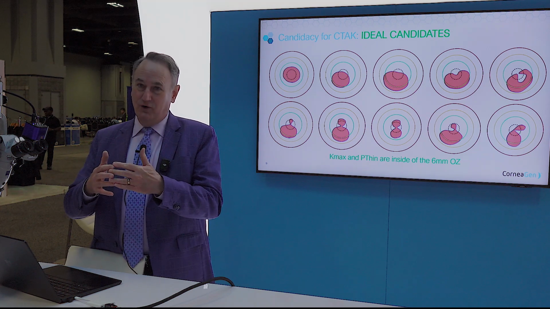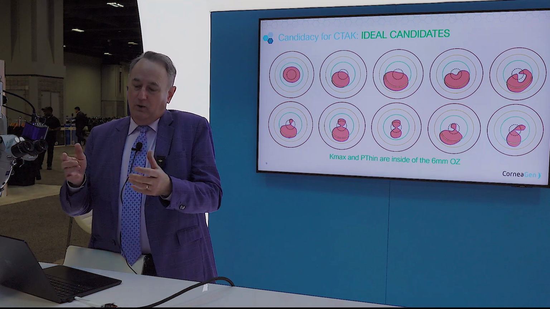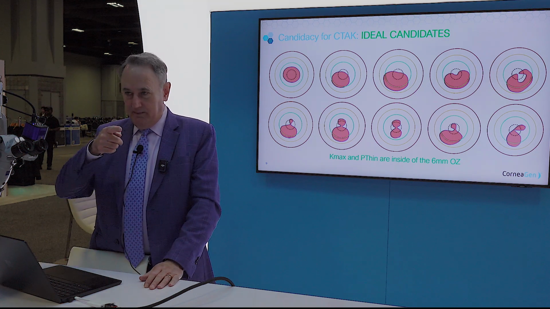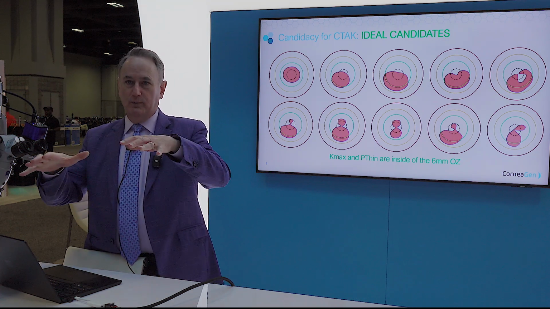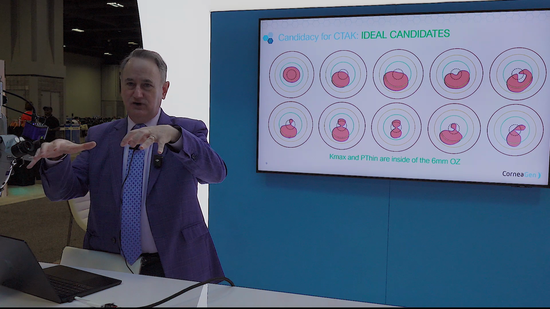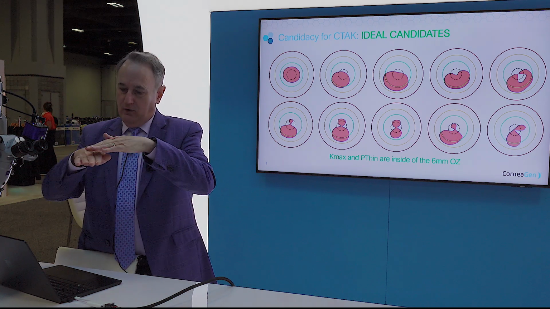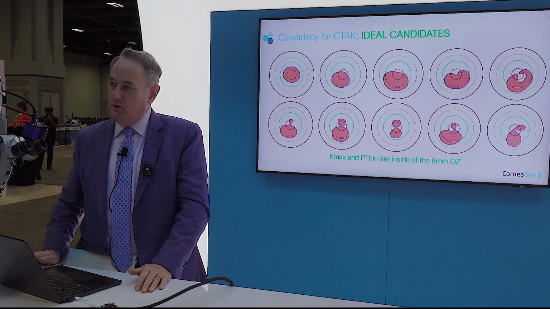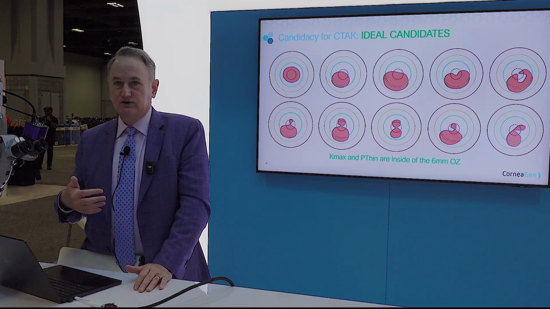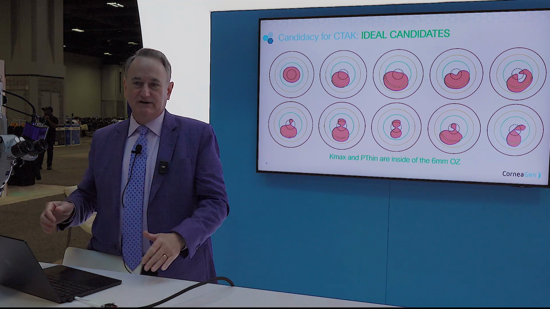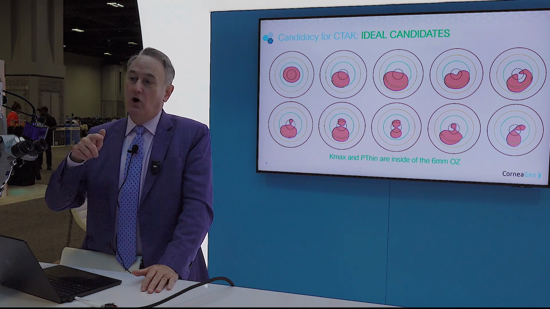And in a central cone, and that's the picture up and to the left, the way it works is that by putting this tissue around the whole periphery, you're raising up that section, and you're tenting or pulling taut that central component of it. Again, it makes it easier to fit a scleral contact lens because you don't have as much of that central steepening.